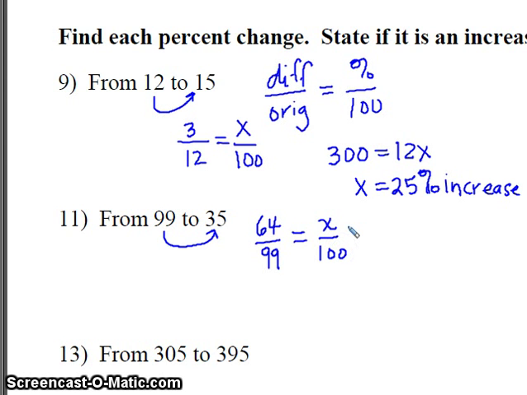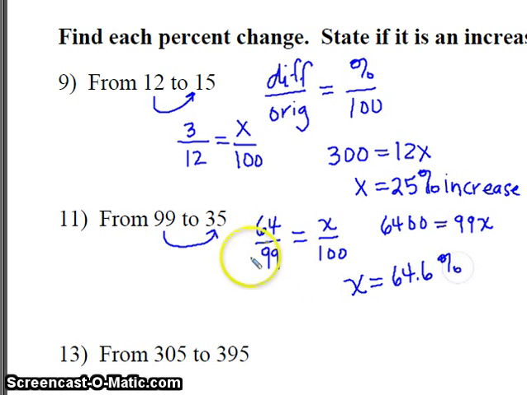So when we multiply this out, 64 times 100 is 6,400. I'm going to set that equal to 99x, 99 times x. Divide both sides by 99. Looks like x is going to be about 64.6 approximately percent. About a 64% decrease.